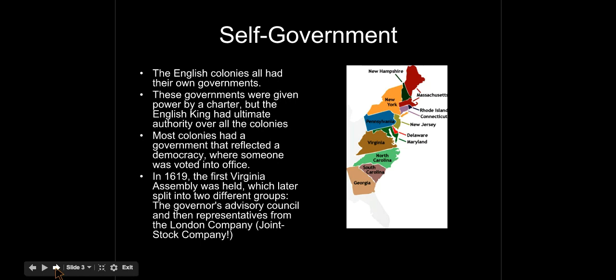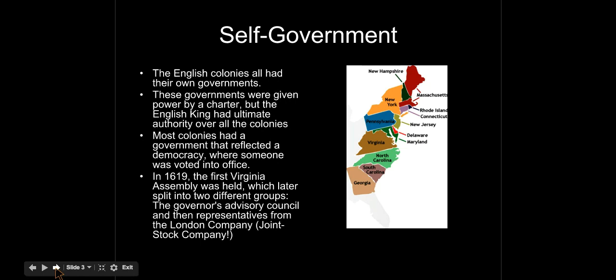In a lot of cases, the colonies had a government that reflected some type of democracy, where someone was voted into office or an authority position. The best example of this is in 1619, the First Virginia Assembly was held, which later split into two different groups: the Governor's Advisory Council and then representatives from the London Company.